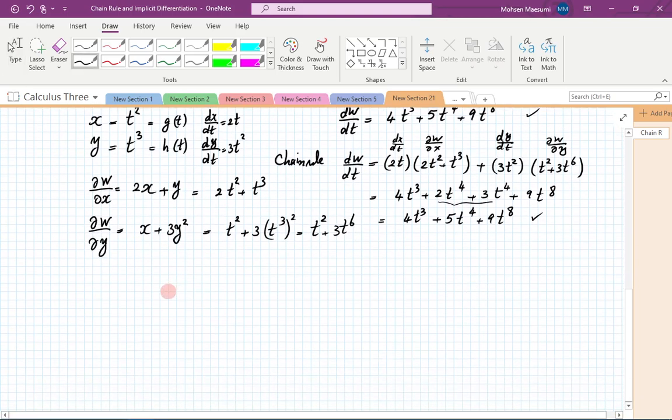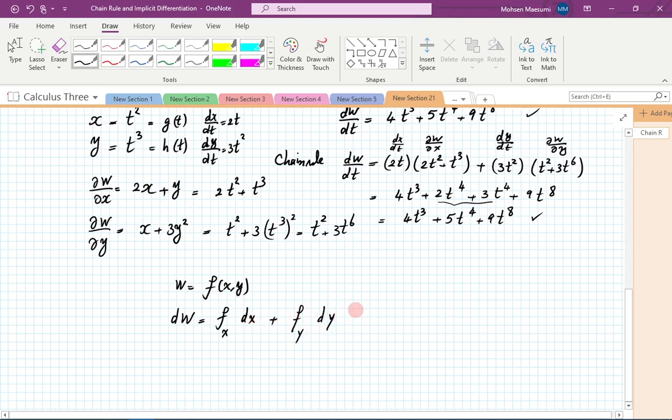You remember we had the idea of a differential. If w is a function of x and y, if I make a change in x and a change in y, I want to figure out what's the change in w. Remember the total differential was f sub x dx, plus the partial of f with respect to y times dy.